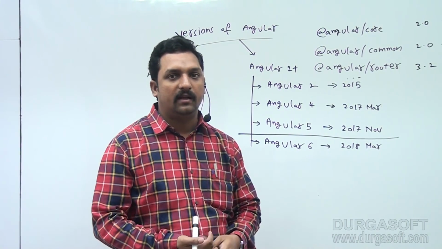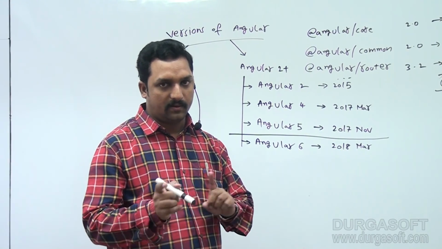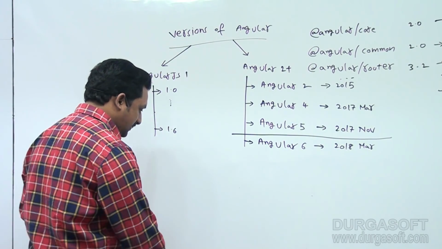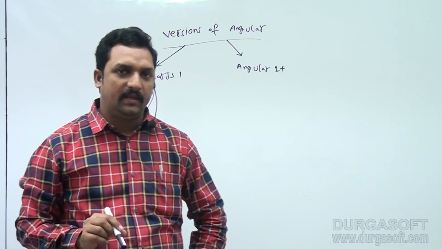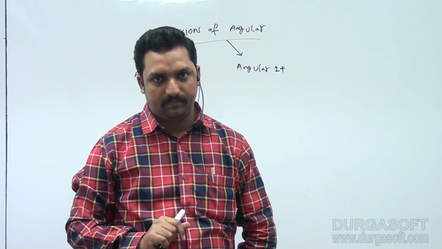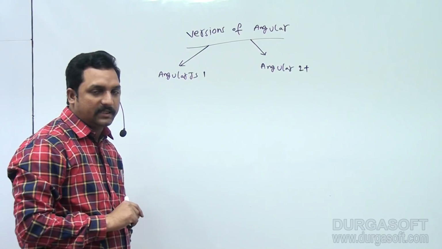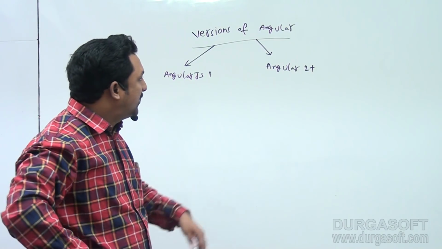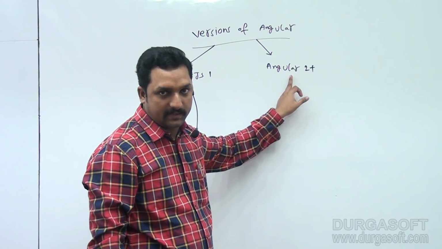Let's try to find out the differences between Angular 1 and Angular 2, the concept differences. One of the major differences between them is the language. The name itself is telling: AngularJS, where JS means JavaScript. But Angular is TS, we can call it Angular TS.